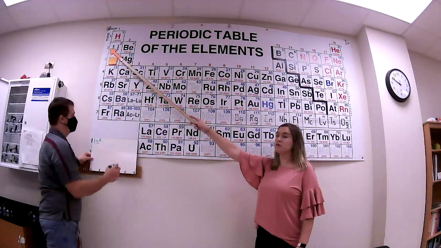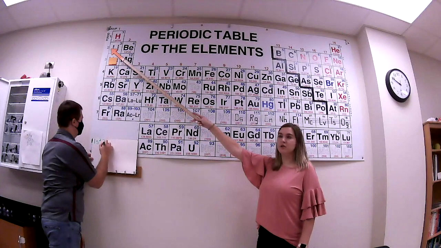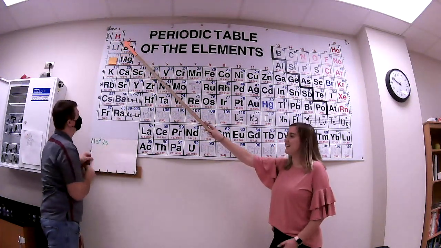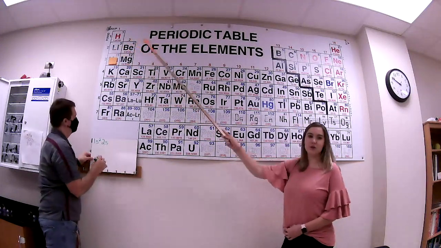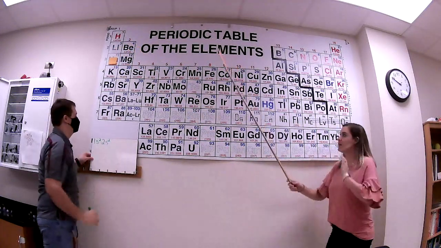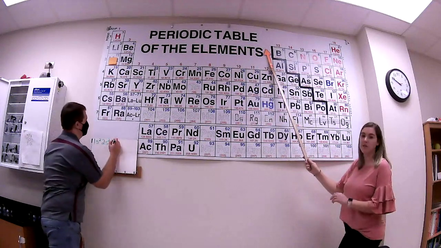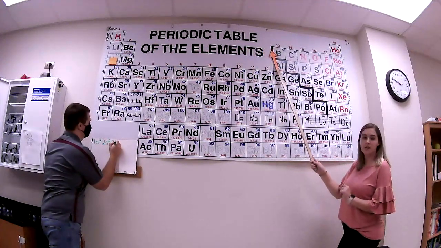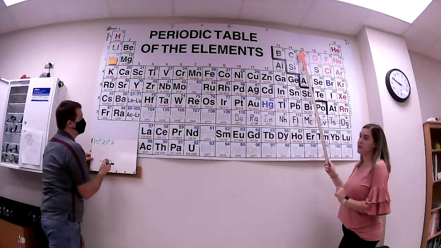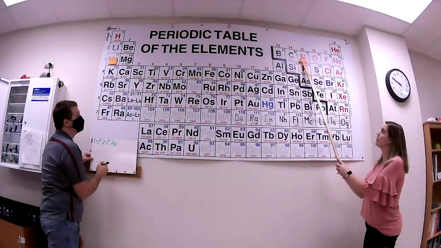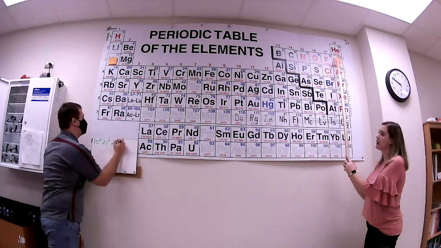Moved all the way across the first row, so now we move to the second row. 2, S sublevel right here, and then we cross 1, 2 boxes. All right, keep moving across our second energy level, and we are in a different sublevel now. Still on the second energy level, we are in the P sublevel now, and we go across 1, 2, 3, 4, 5, 6.